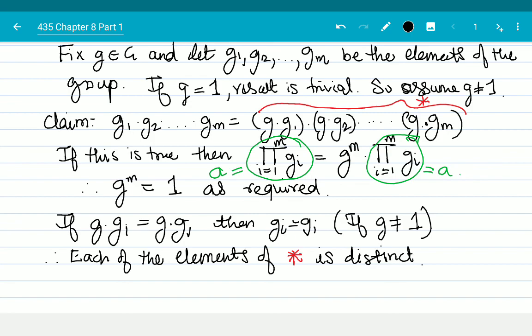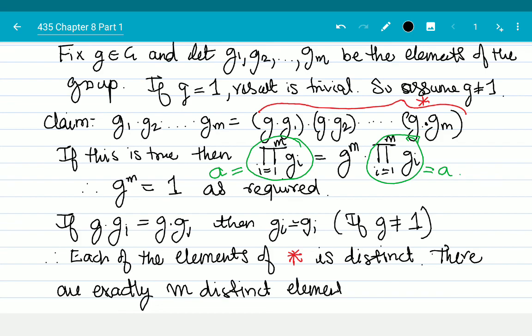Well, there are exactly m distinct elements in the group.